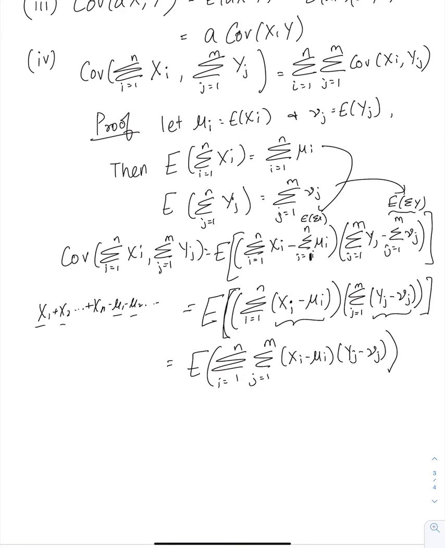So what do we need to do? We want to show the covariance of sum of xi's and sum of yj's is the sum of the covariances. So what do we want? We want to show that this is the sum. So we want to bring the sum out. And you have an expectation of a sum of many terms. This is just a double sum. That's just a sum of many terms. Expectation of sum is sum of expectation. So we can in fact pull that out right now.